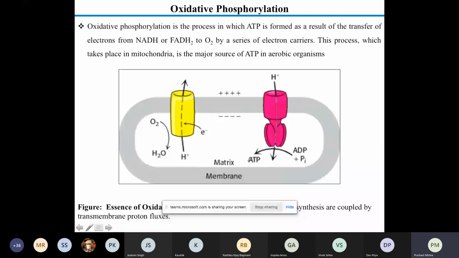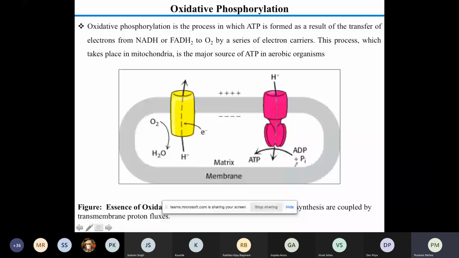Though there are many more hypotheses which have been given for ATP synthesis, one very conventional is that the potential between the outer mitochondria and inner mitochondria, when proton enters, this difference in the electrochemical potential is the one which is responsible for synthesizing ATP from ADP and Pi.